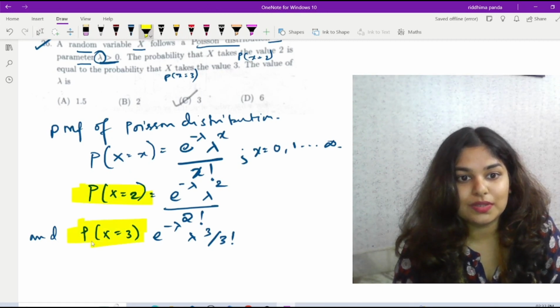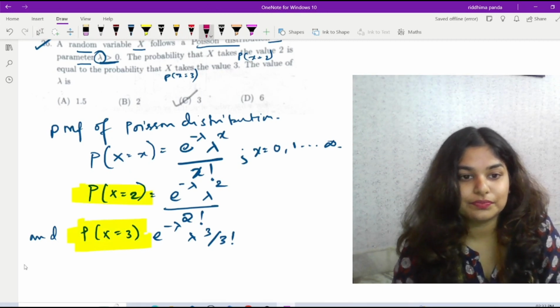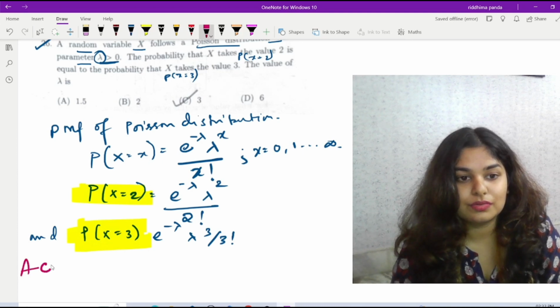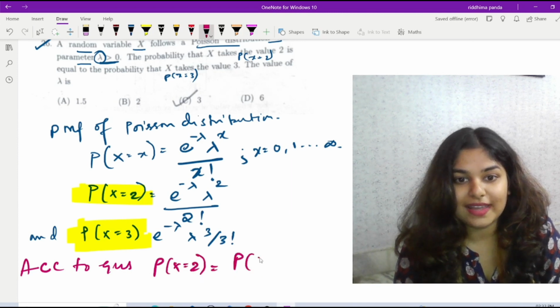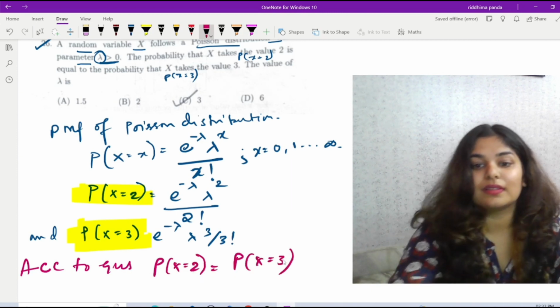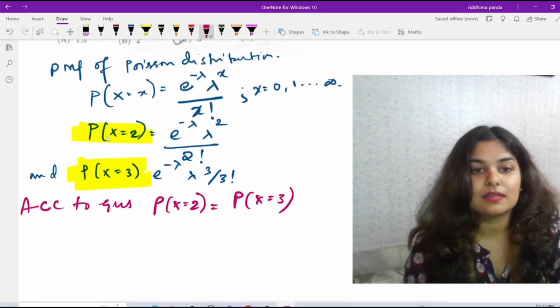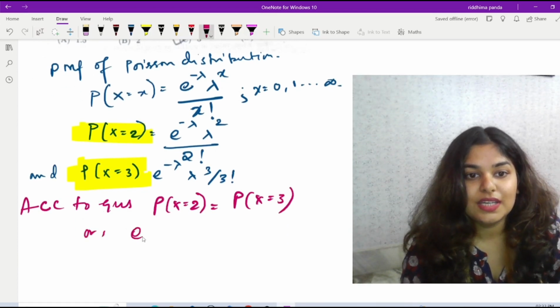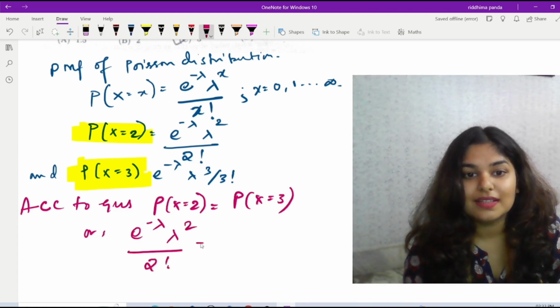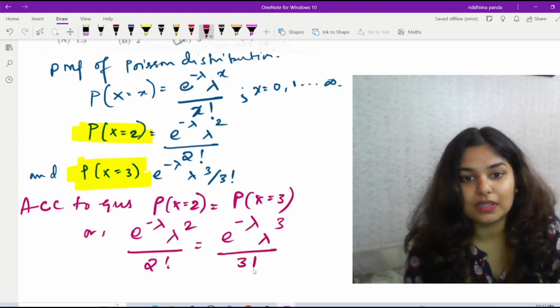Now according to the question, this is equal to this. So according to the question, P(x=2) equals P(x=3). That is, e to the minus lambda, lambda square by 2 factorial equals e to the power minus lambda, lambda cube by 3 factorial.